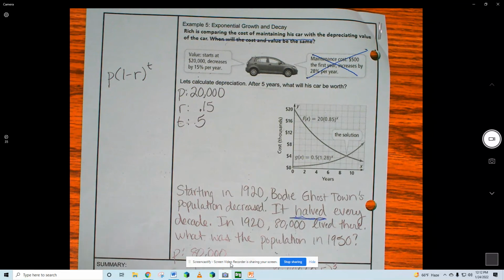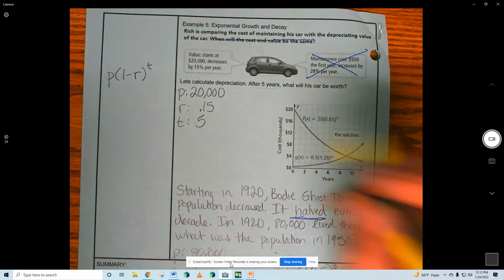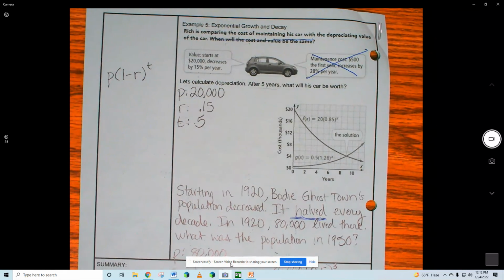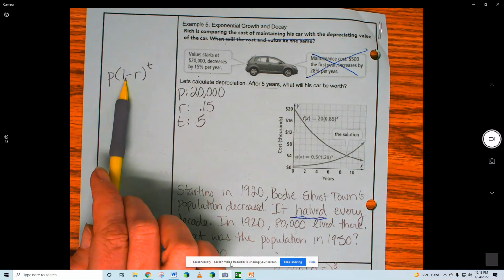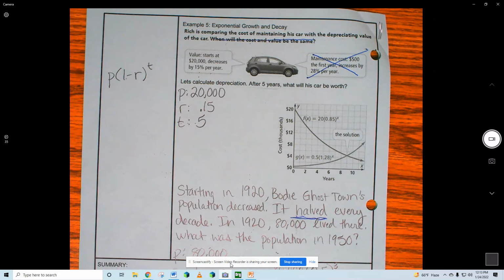Russell, stay with me. Set it up yourself without my help. Use this formula right here. Share the answer with a neighbor when you get it. 8,874. 8,000.